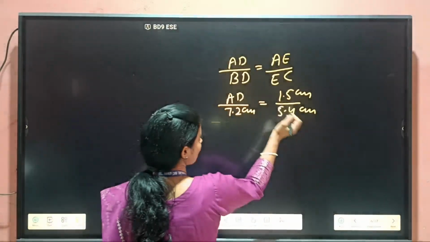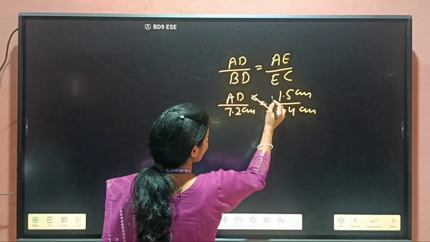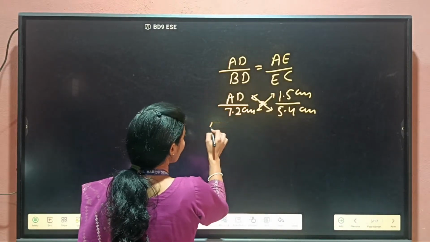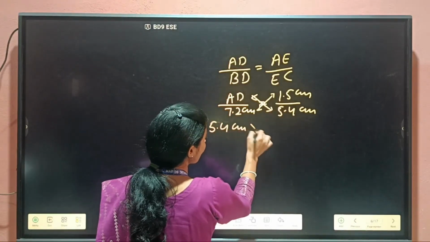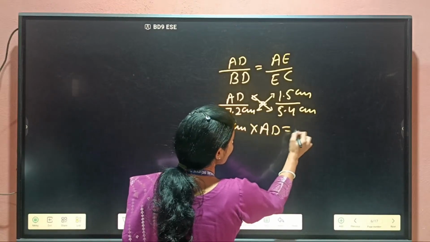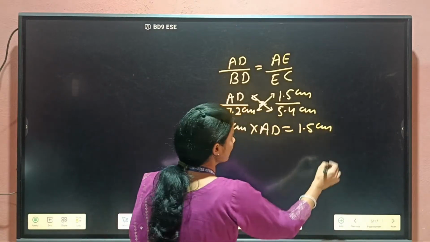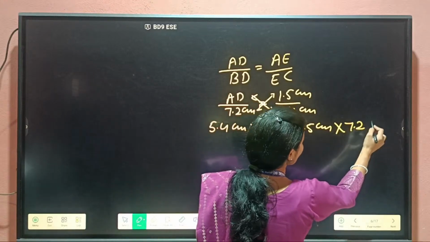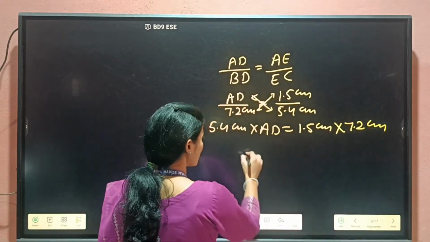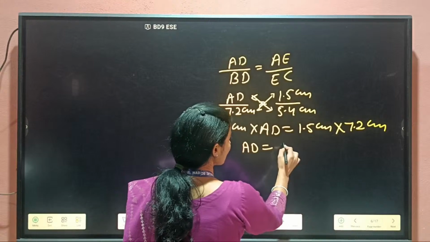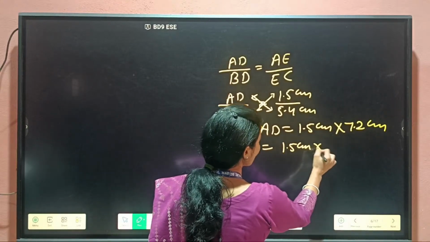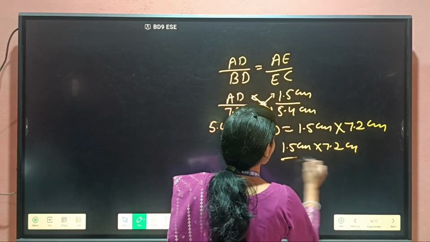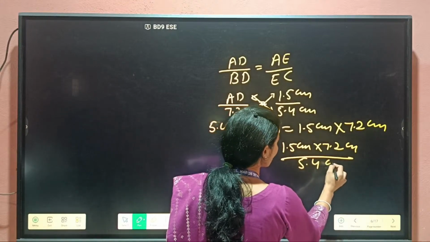So using cross multiplication, find out this AD. 5.4 centimeter into AD equals 1.5 centimeter into 7.2 centimeter. This AD is 1.5 centimeter into 7.2 centimeter by 5.4 centimeter.